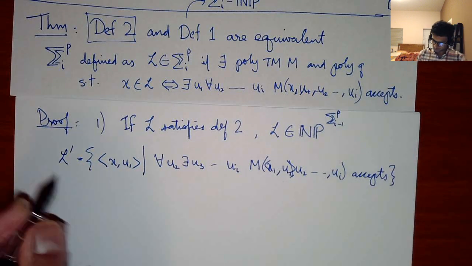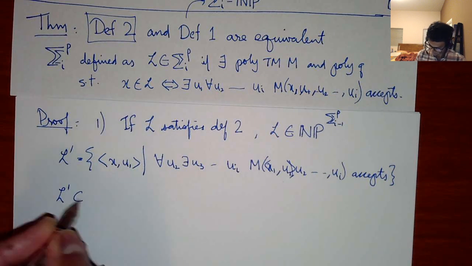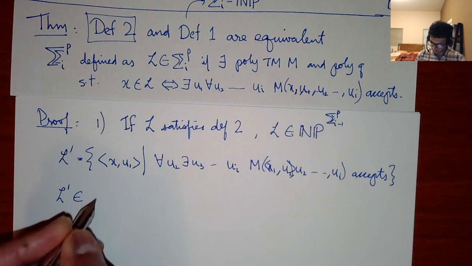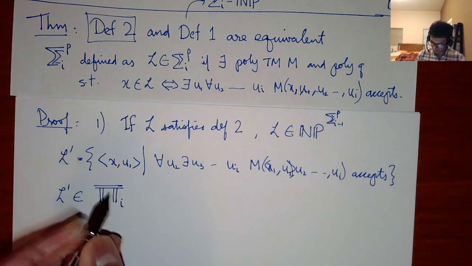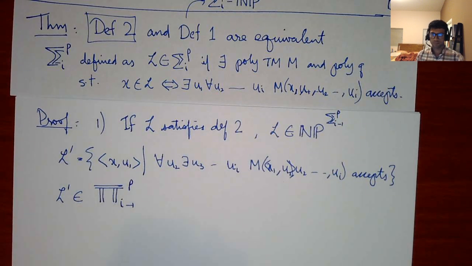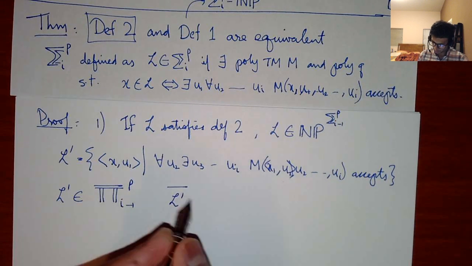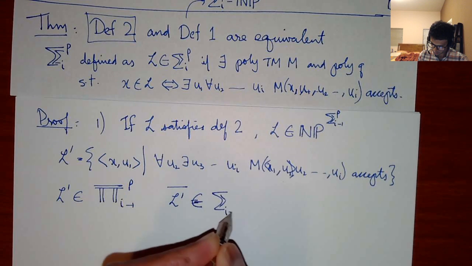And so the whole point is that L prime is essentially in pi I minus 1. There are I minus 1 quantification switches. Or another way to put it is that the complement of this is in sigma I minus 1.